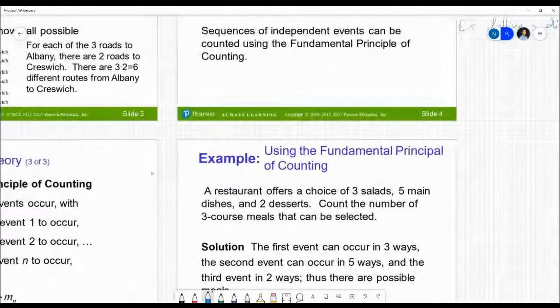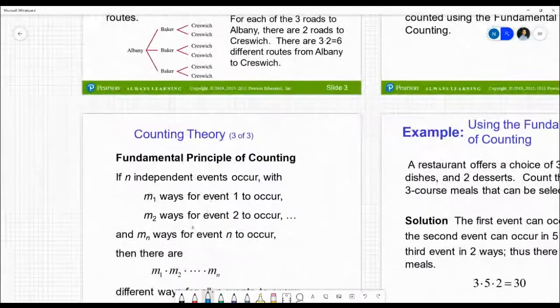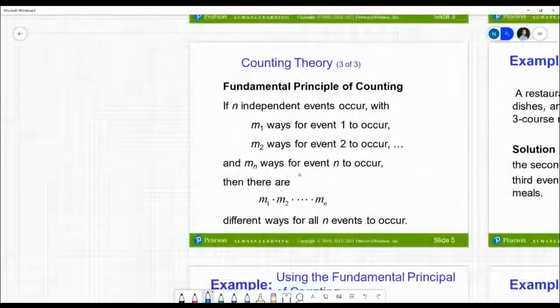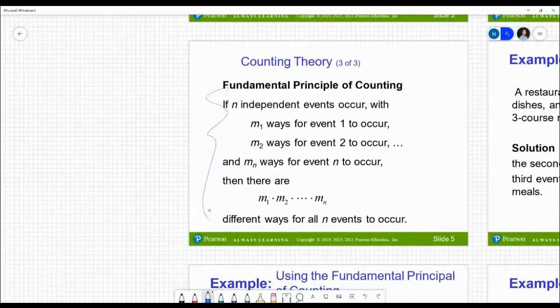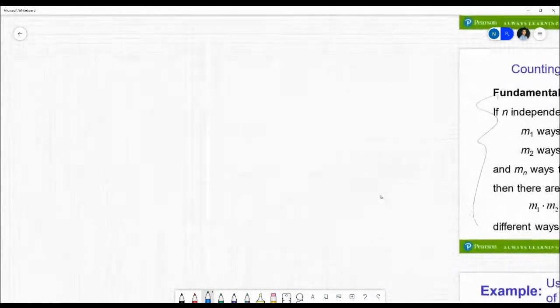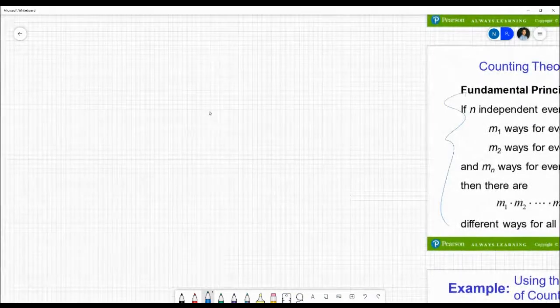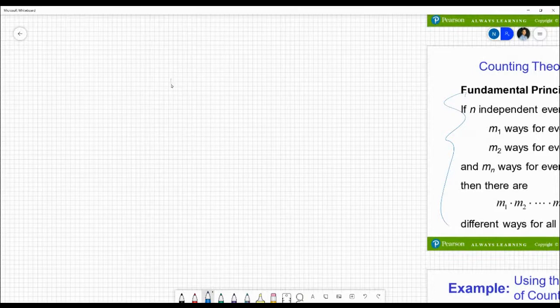So let's look at how we can use the fundamental principle of counting. This looks pretty confusing, but let me give you an easier example. Let's say we have a deal for breakfast, lunch, and dinner.